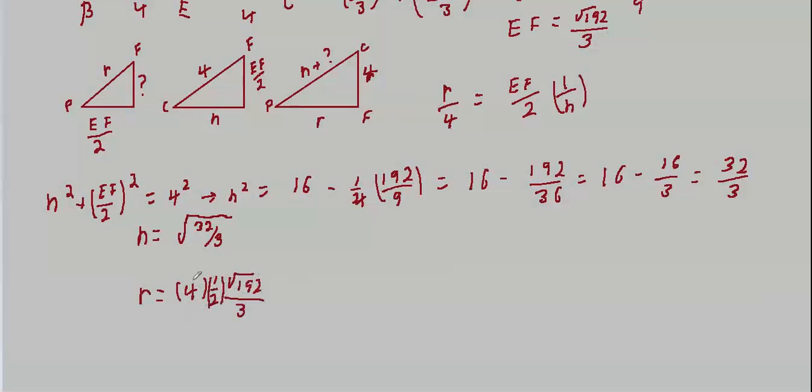Okay, so far, what else do we need? 1 over N, which is the square root of 32 over 3, or we want over that, so that's square root of 3 over the square root of 32.